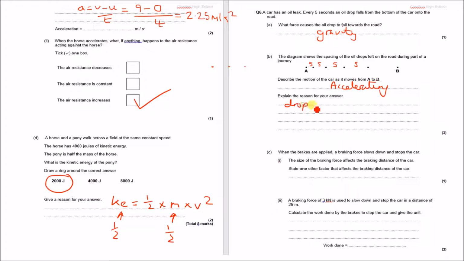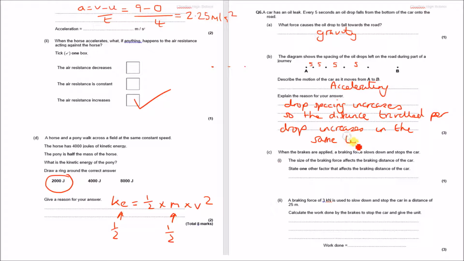So drop spacing increases, so the distance travelled per drop increases in the same time. That's important. It's taking 5 seconds every time. So the time hasn't changed, but the distance of the spacings has.